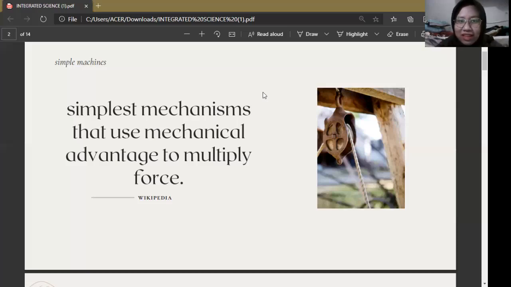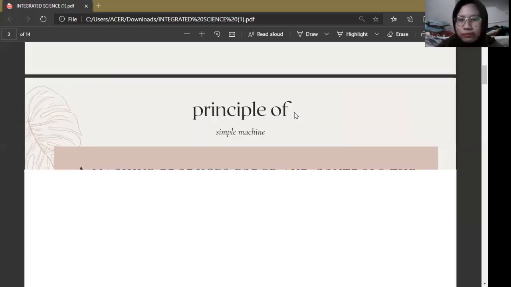Just imagine that this simplest mechanism multiplies your force and your work, so you can move a large thing with a small force. That's what it means to multiply the force.